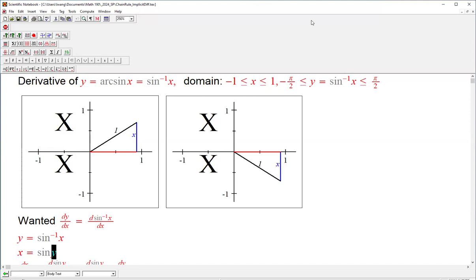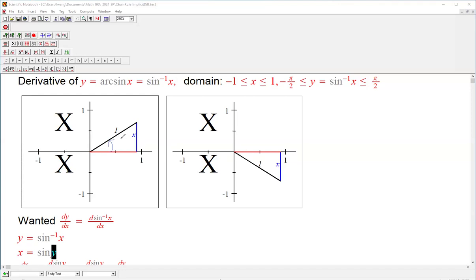So I'm just going to show you, annotate. So y is between negative pi over 2 to pi over 2. That could mean that y is this angle, right?